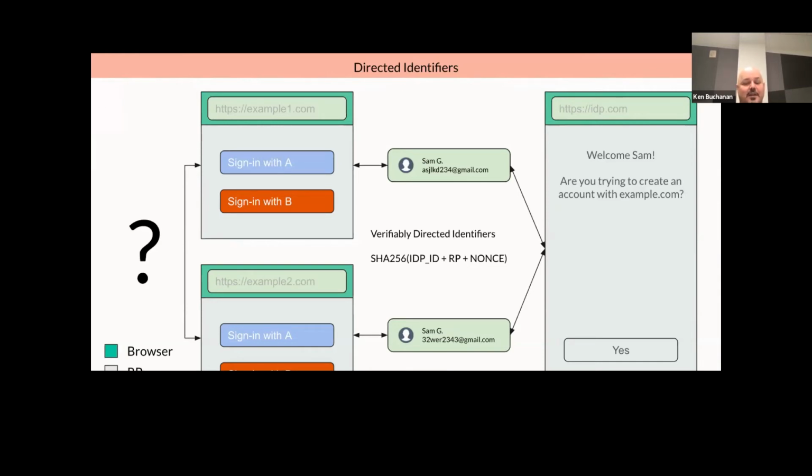A directed identifier is essentially a derived identifier. You have a global identifier such as your email address. A directed identifier is something that can't be correlated, and effectively every time you sign into a new relying party, they would get a different picture of who you are. And then there's a one-way mapping from your global identity to each directed identifier.